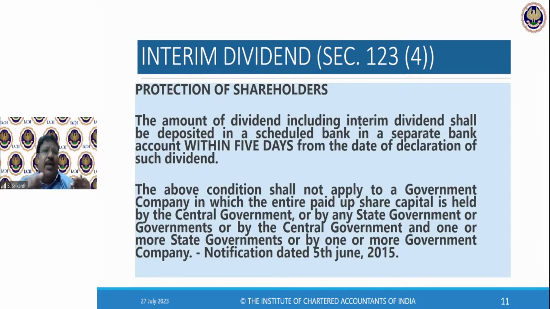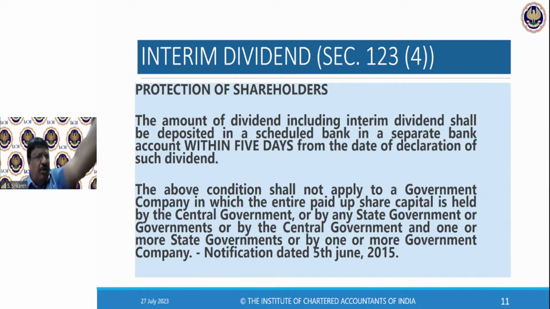Now, once the board of directors declares an interim dividend, the amount of dividend, whether it is final dividend or interim dividend, shall be deposited in a scheduled bank in a separate bank account within 5 days from the date of declaration of such dividend.